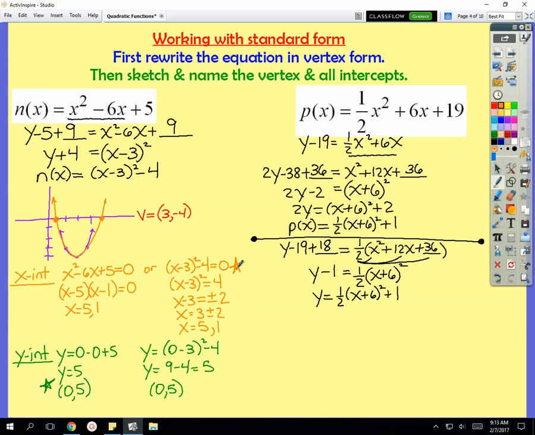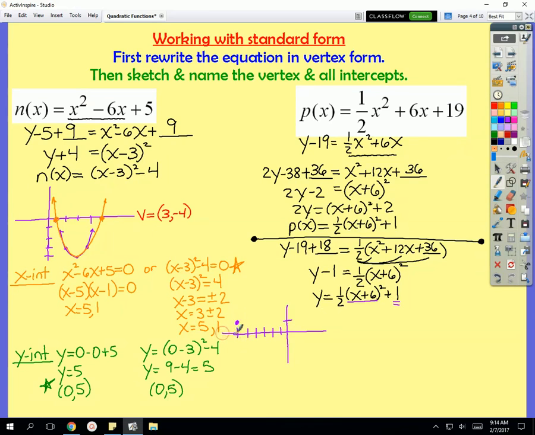All right, well, let's do the same work on p of x. So I'm going to sketch it first, because when you sketch it, you can definitely use your sketch to inform your algebra work, and that's the point. So I can see that I'm going to go left 6 from the x plus 6 part, and then up 1 from the plus 1 part.